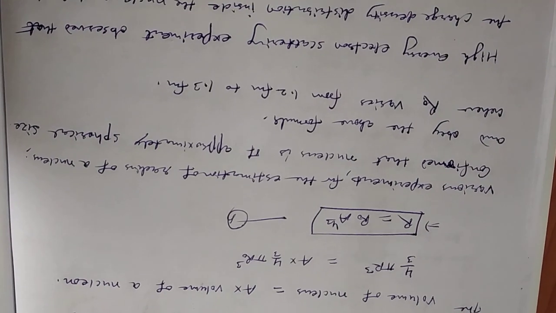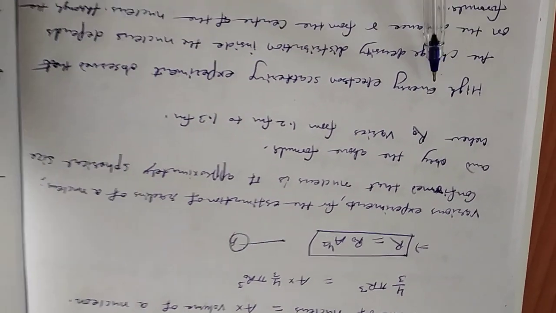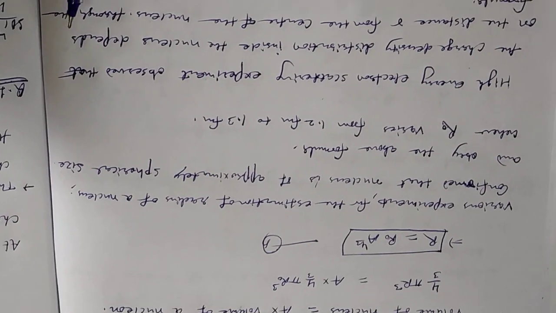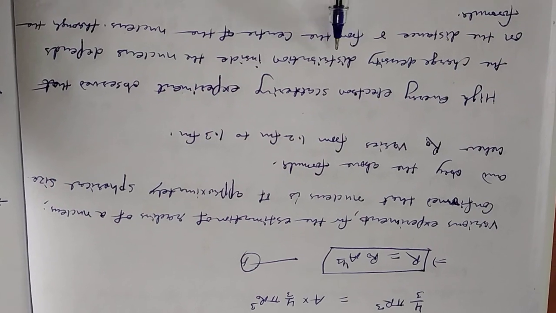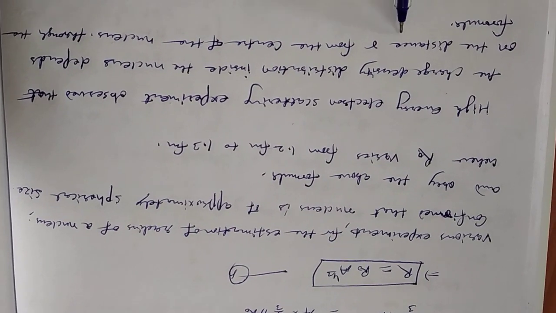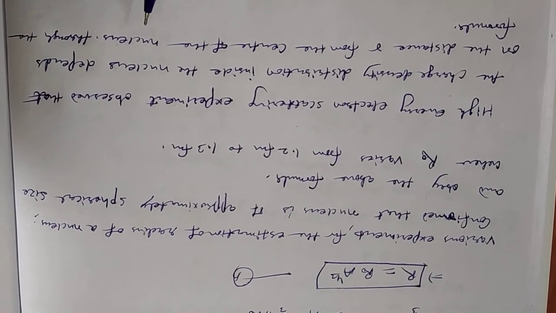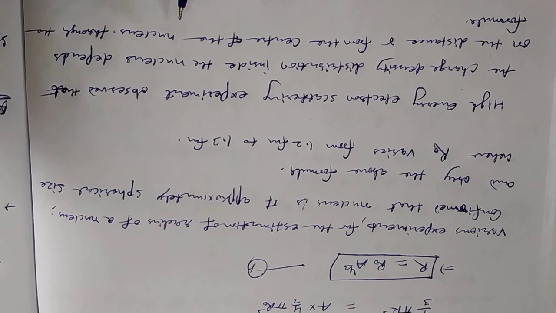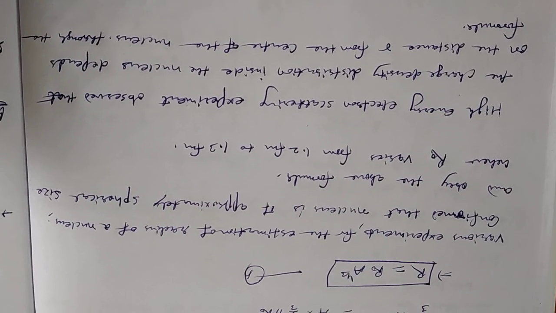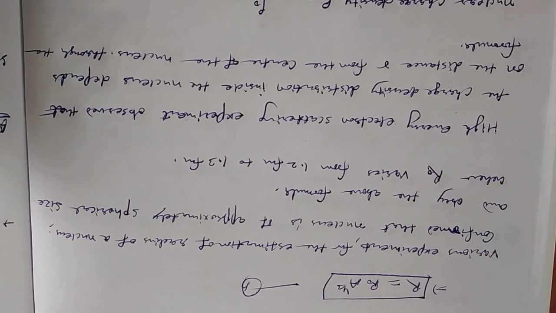One such experiment is the high energy electron scattering experiment. It observed that the charge density distribution inside the nucleus depends on the distance r from the center of the nucleus, which means at the center the charge density is maximum, as shown through this formula.